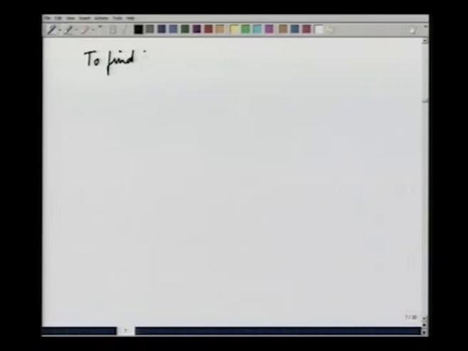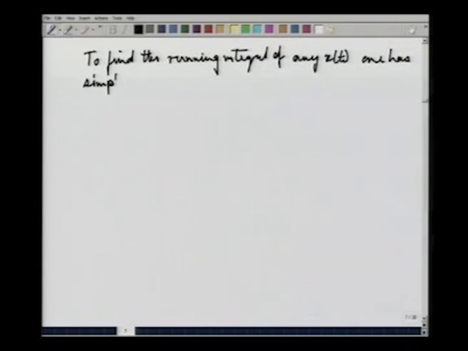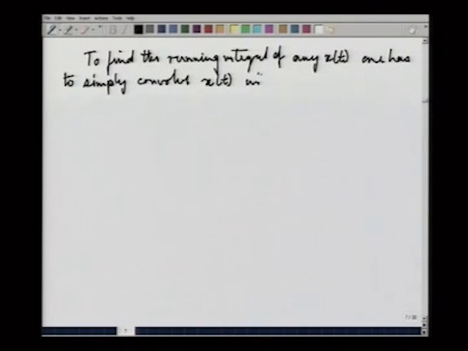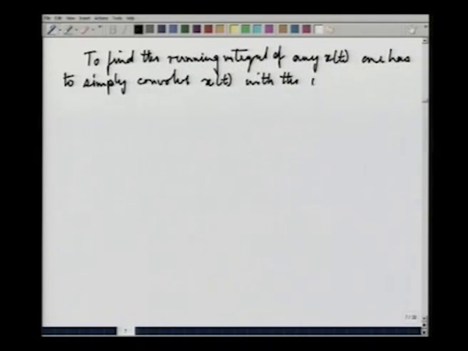You will probably recall that to find the running integral of any x of t, one has to simply convolve x of t with the unit step.